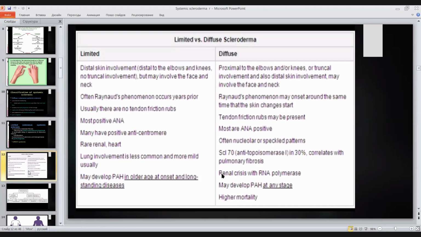In the diffuse form, if a patient comes with Raynaud's phenomenon and fibrosis, it means diffuse, because they usually start at one time, mainly the lung. If you are confused, you can check antitopoisomerase for diffuse, anticentromere for limited. But if you have no chance to check this test, use this differential diagnosis table, please, because it will also be informative for you.